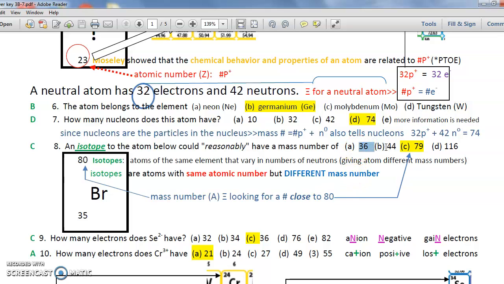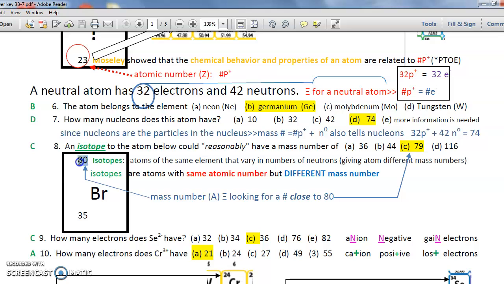36 is not really close to 80. 44 is not close to 80. 116 is not close to 80. 79 is close to 80. So if it has 79 protons and neutrons in the nucleus, there would be a 79 there. That atom, if it has 79 particles in the nucleus and 35 of them are protons, then that atom would have 44 neutrons.